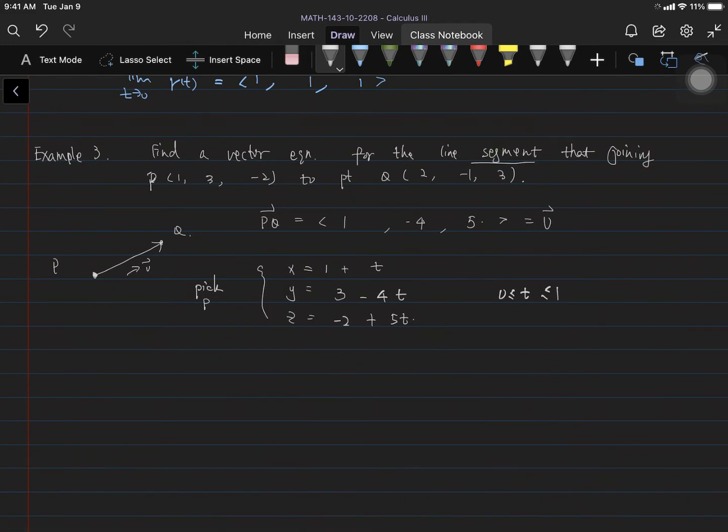And we can try a similar problem. So P is 1, 2, 3. Q, which is 0, 1, negative 1. Okay, just given any two points. And you can try this problem. I'm going to give you the solution. This is my PQ.